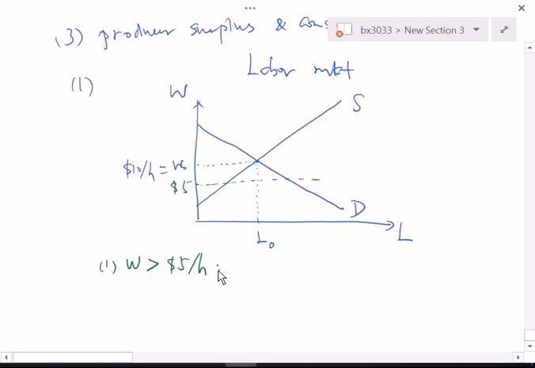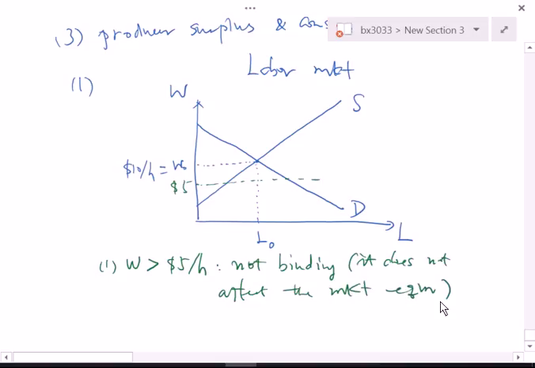This policy is not binding, because it does not affect the market equilibrium. In other words, the equilibrium wage rate is $10 per hour, which is already higher than the $5 per hour. So it is not binding.